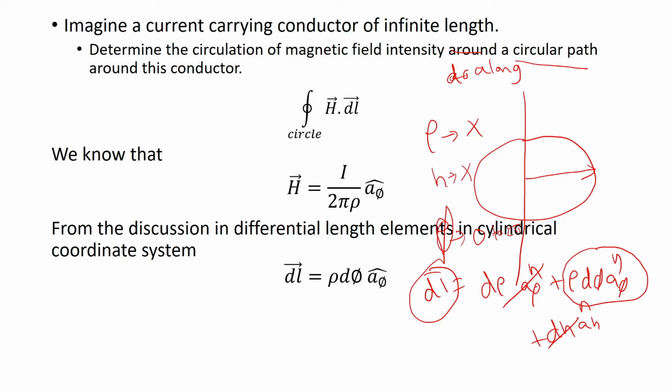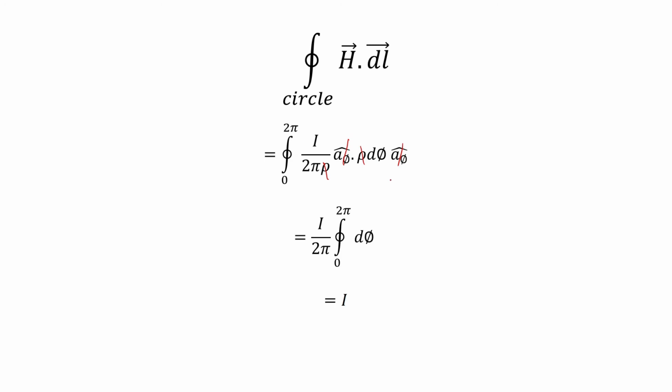When I dot these two, a phi cap and a phi cap are in the same direction, so the dot product would be 1, rho and rho get cancelled, and I by 2 pi is constant. If I take this outside the integral, the integral of d phi is phi over the limits of 0 to 2 pi. The answer would be I, because 2 pi and 2 pi get cancelled, only I is remaining.